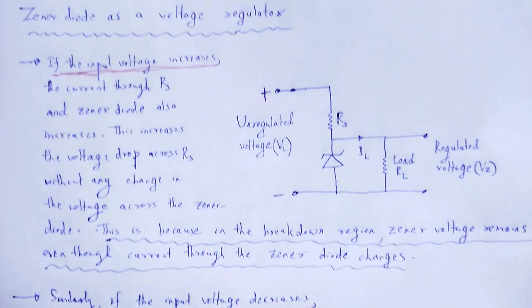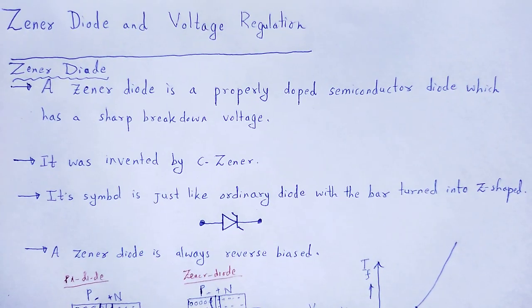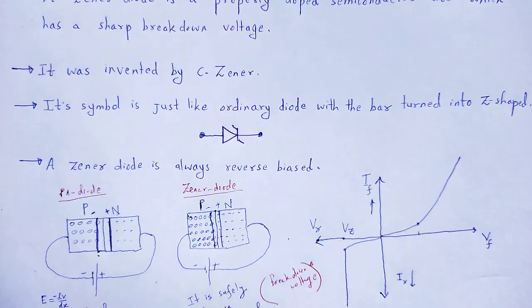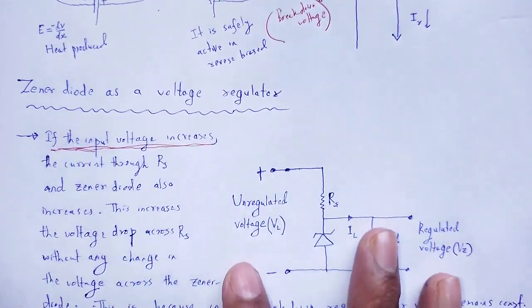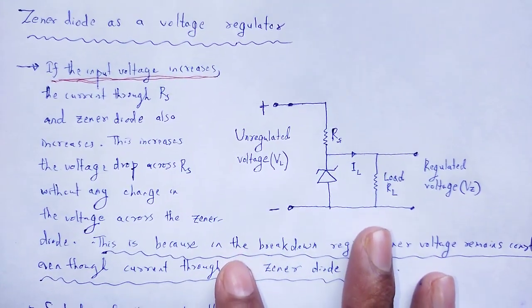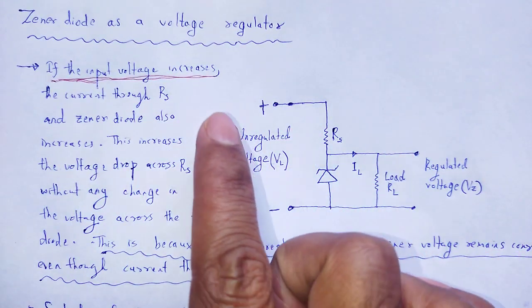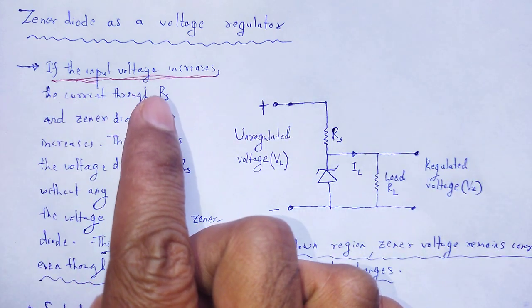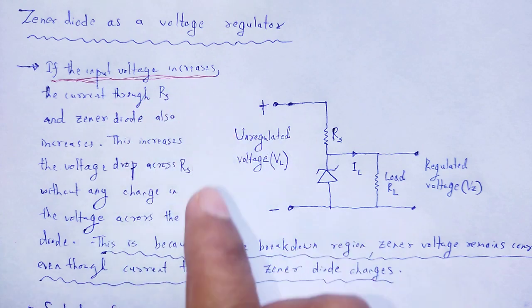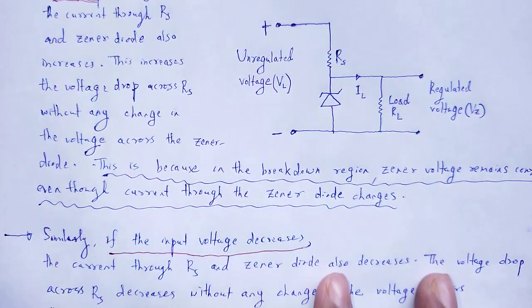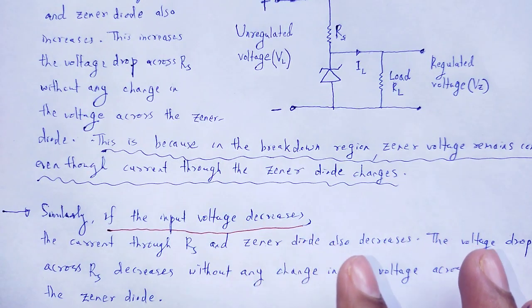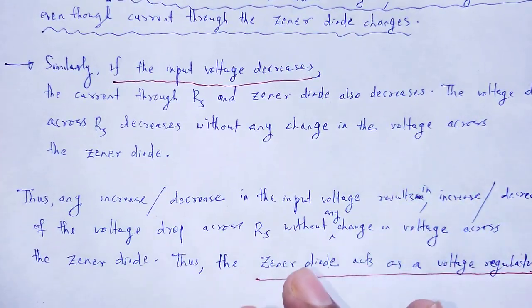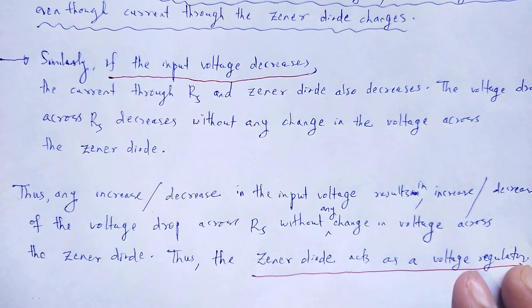So, with the help of this video lecture we understand what a Zener diode is and how we can use a Zener diode as a voltage regulator, and the circuit arrangement. If the voltage increases, how it is regulated; if the input voltage decreases, how it is regulated by the Zener diode. Finally we can say the Zener diode acts as a voltage regulator.